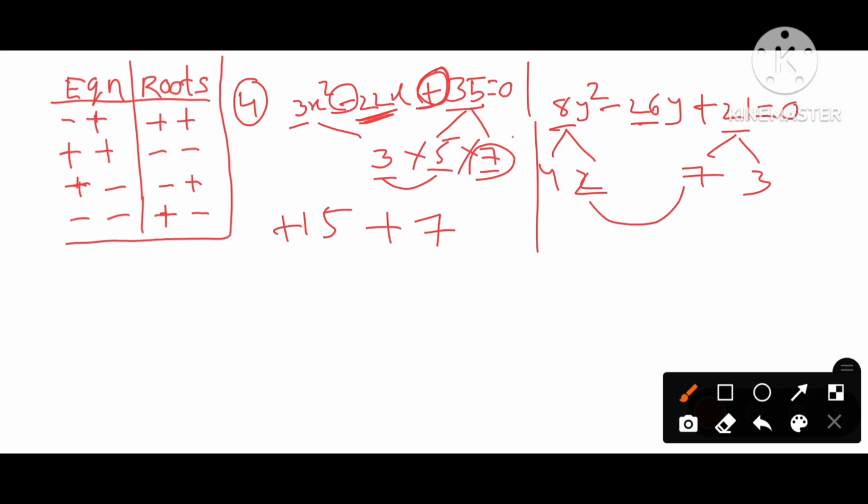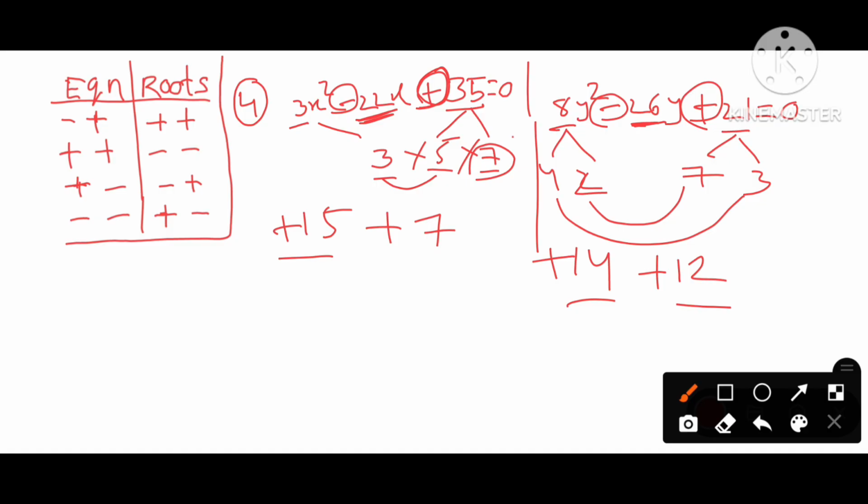Here 7 two times is 14, and 4 three times is 12. The sum of these two factors, 14 and 12, gives the value of 26. Here minus and plus means both the roots are positive. So we got the roots of x and y.